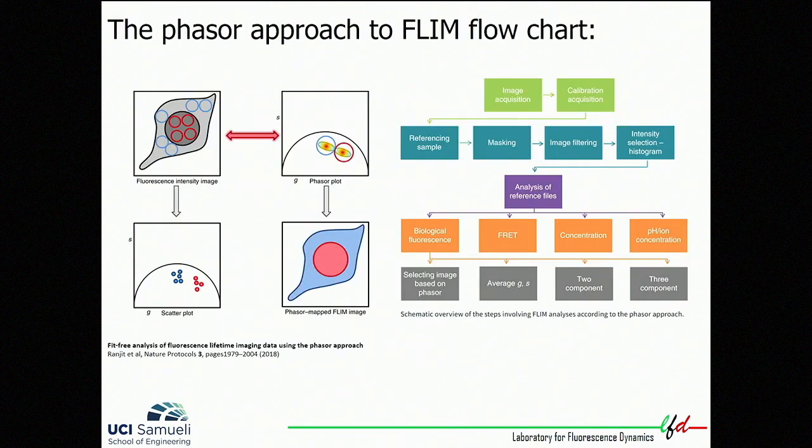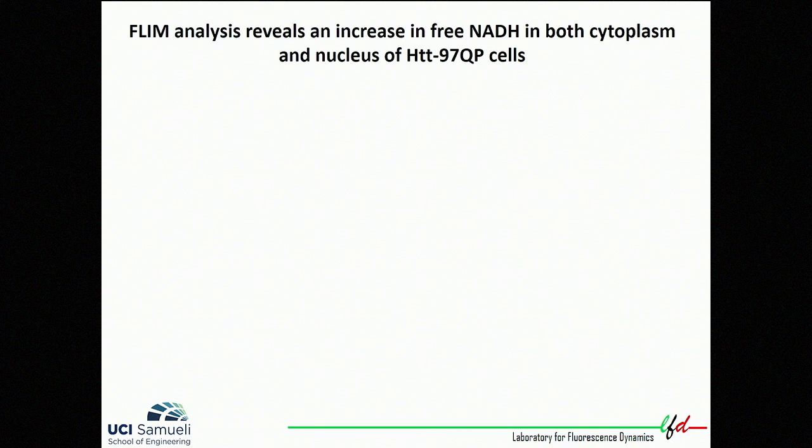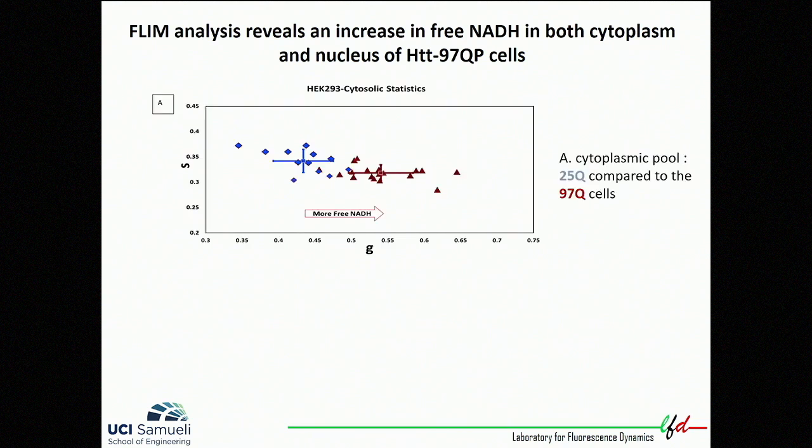We can also do image segmentation within the cells, and that allows us to segment just the nuclear compartment or the cytoplasmic compartment, or to segment different regions, let's say the mitochondria, if you want to see specifically if the mitochondria have shifted in free and bound NADH. In this quantitative analysis, here's the phasor analysis showing the normal unexpanded form, wild type, has a higher bound NADH fraction.